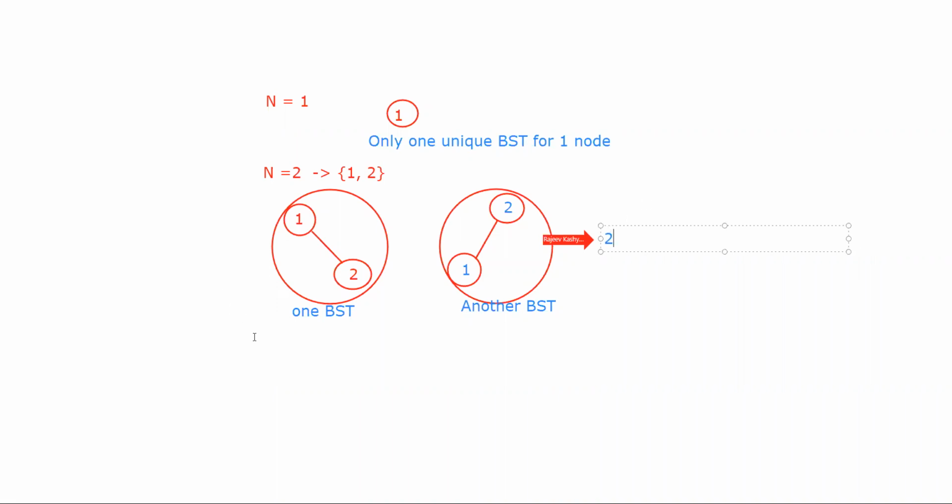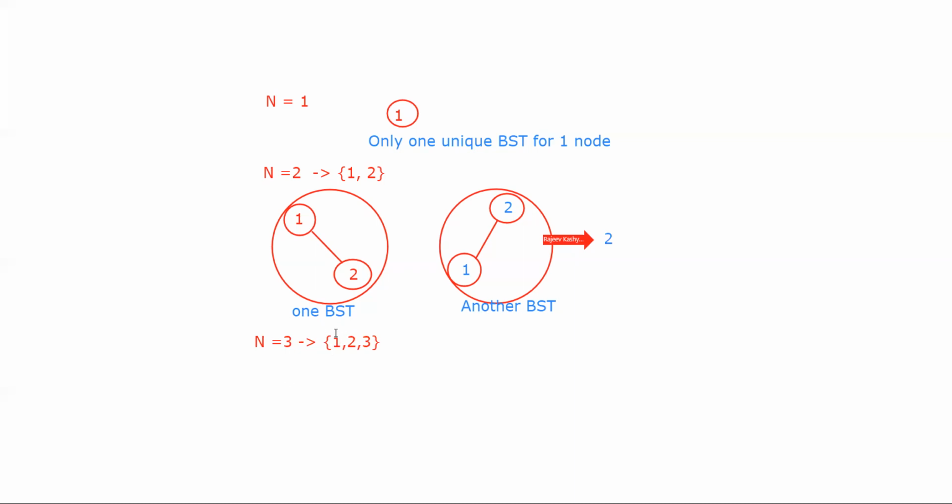And let me take one more example, for n equal to 3. If n is equal to 3, it means I have three nodes, 1, 2, and 3. So I need to find out how many binary trees I can create using three nodes.